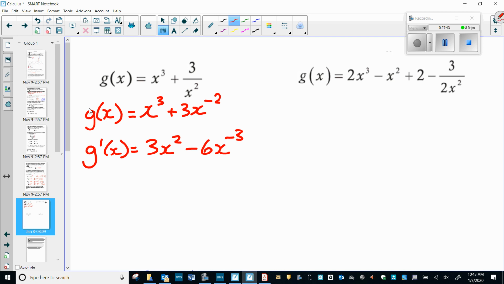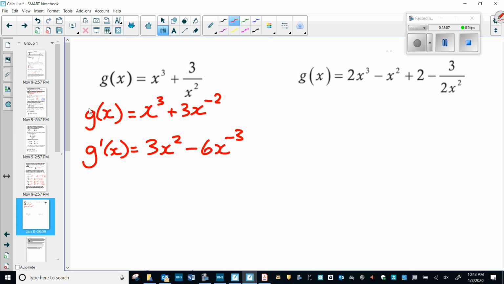It's the process we've just been doing. So the power gets multiplied, yep, and then you take one off. And then for the others, same method. Power multiplied, and then take one off that. Okay? Yes? Okay, next one.